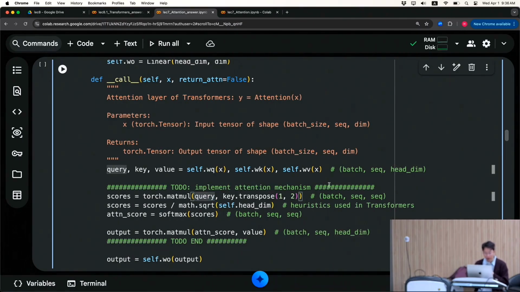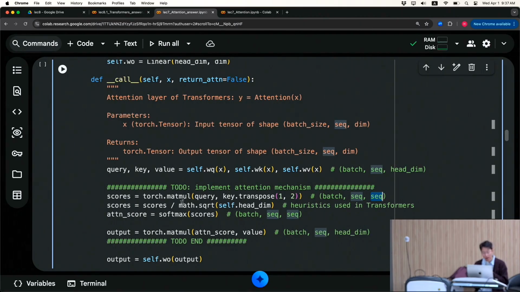So as you can probably see, in order to take the dot product between query and key, you need to transpose the key vectors so that the outcome is of size batch size times sequence by sequence. So you need to swap the dimensions for the key, these two, sequence and head dim. They need to get transposed so that once you apply matrix multiply, the output is of size sequence by sequence.